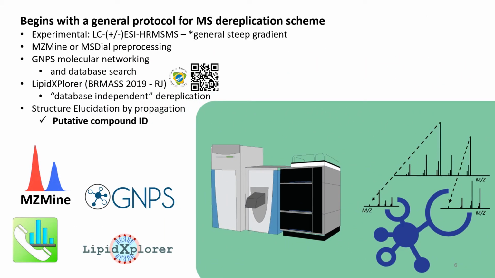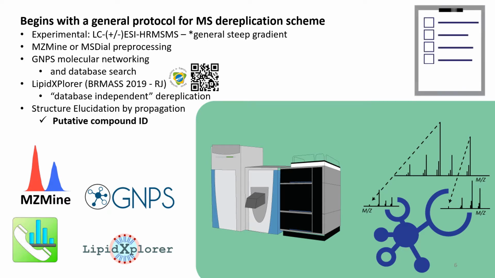So let's start. On the NMR side of it, little was really developed. From my part of it, the use of Lipid Explorer with the custom-made molecular fragmentation query language, the MFQL files, with molecular formula restrictions for both MS1 and MS2 was shown last year in the BRMASS meeting, and it's published in 2 papers in Phytochemical Analysis.